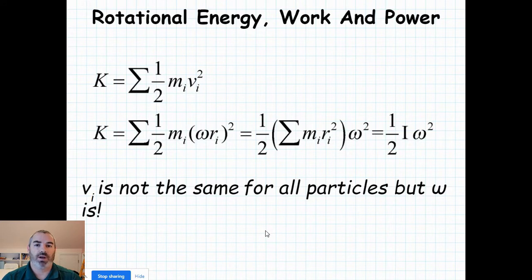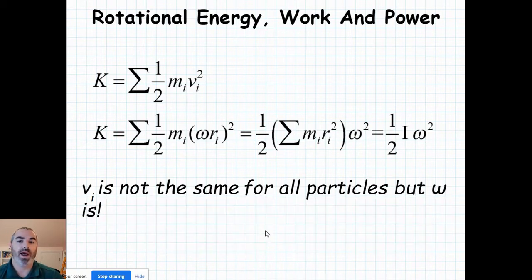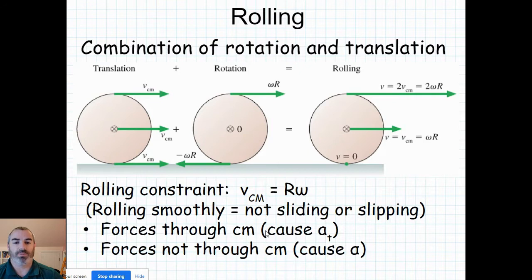We end up with 1/2 m_i omega R_i squared, and the sum of the individual masses times individual radius squared is the rotational inertia. So we end up with 1/2 the rotational inertia times the angular velocity squared. Each particle does not have the same velocity, but it has the same angular speed.